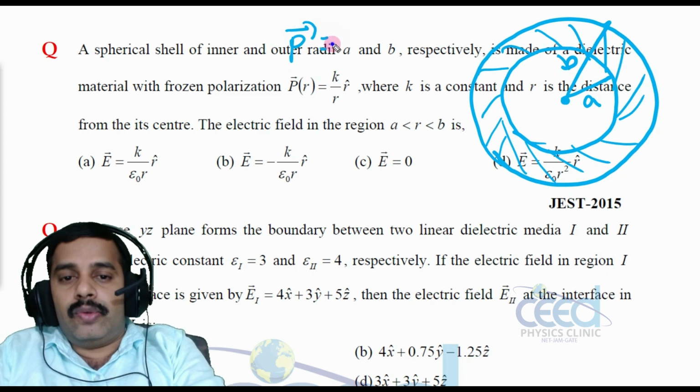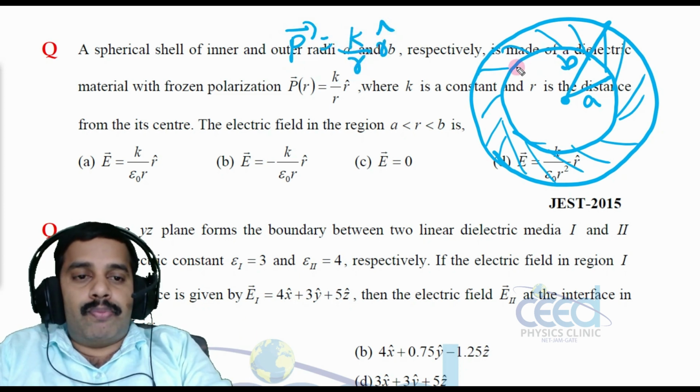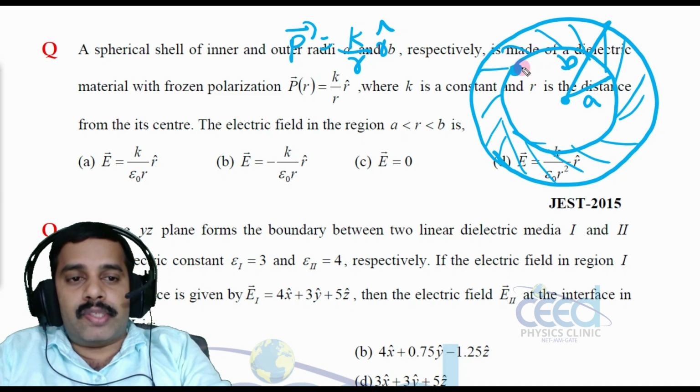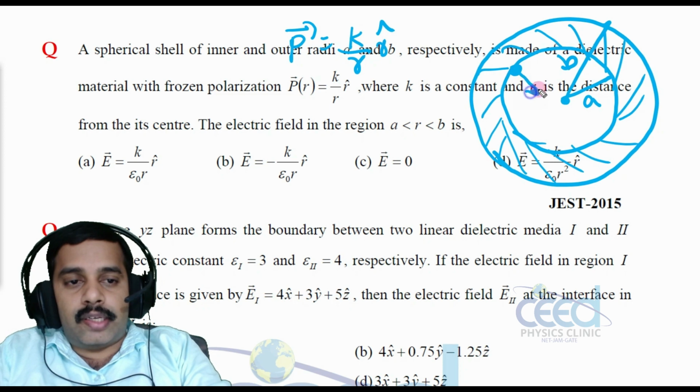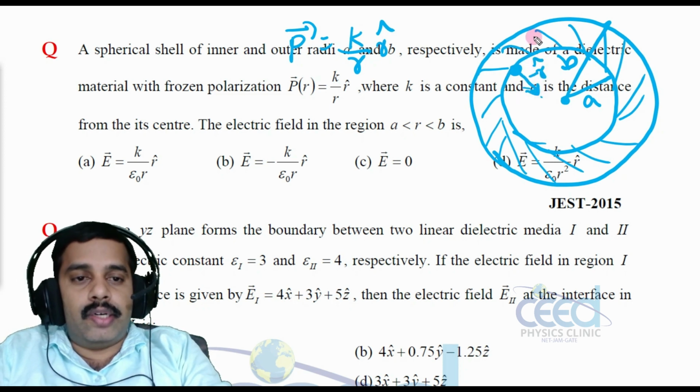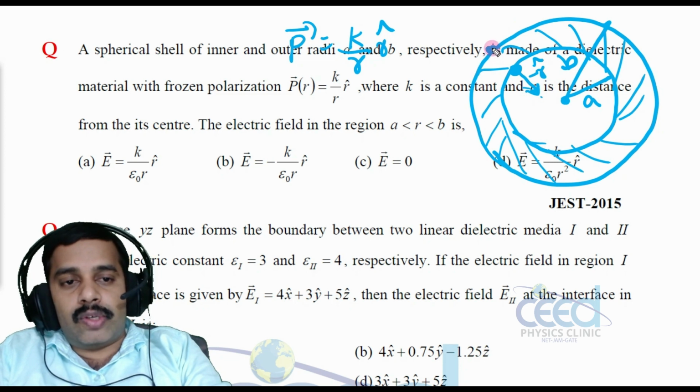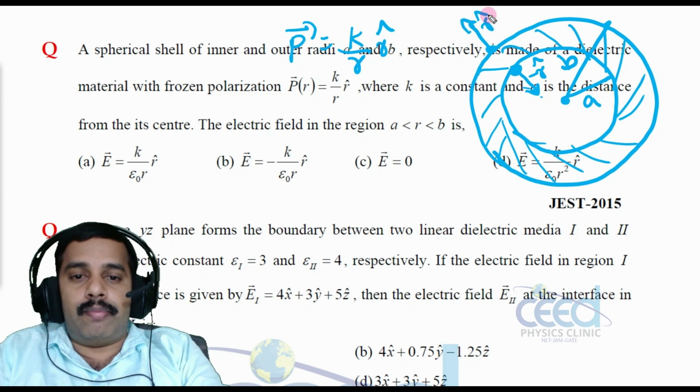Polarization P is equal to k by r, r cap. Note that on this inner surface, this r cap represents minus r cap. Why? Because the surface normal vector is inward, and on the outer surface the polarization is radially outward. This will be r cap, right?